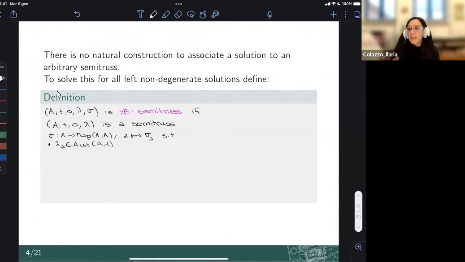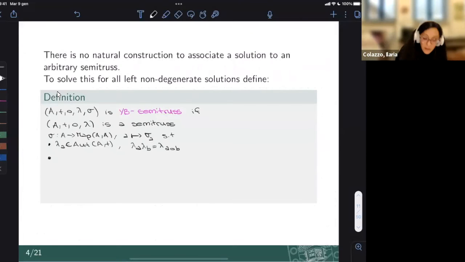Moreover, we want that lambda is a homomorphism between the multiplicative structure and the automorphism group. So we basically want that lambda A lambda B is just equal to lambda A circle B.